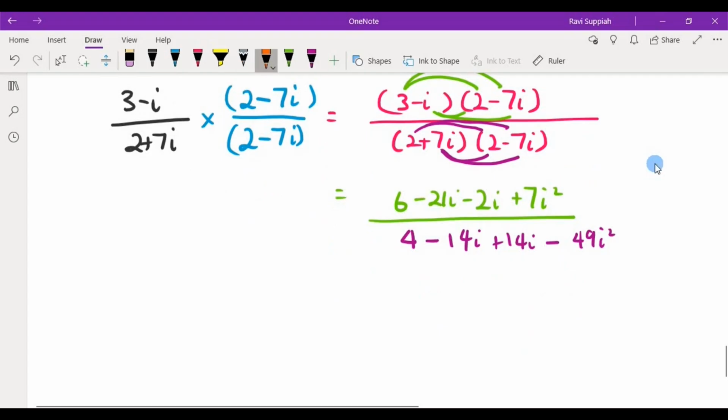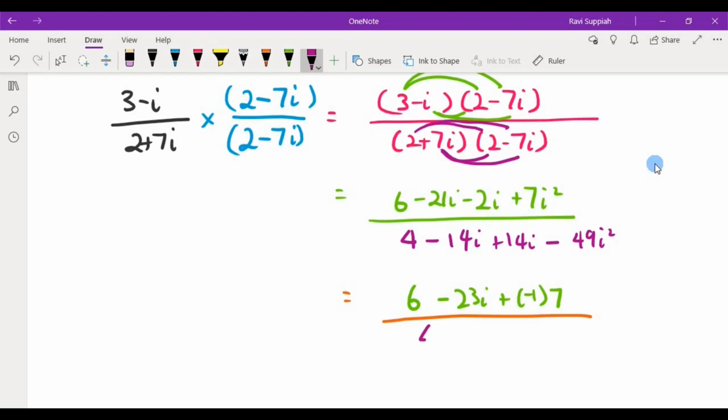Let's carry on. So at the top, what you have is 6 minus 23i. i squared is minus 1, so plus minus 1 into 7. In the denominator, you have both the items cancelling each other out, so you have 4 minus i squared, which is minus 1, into 49.